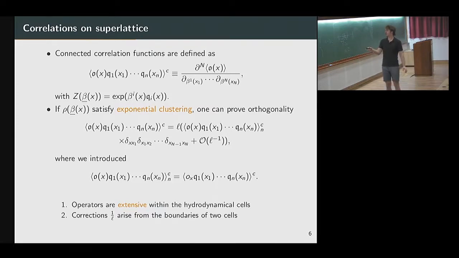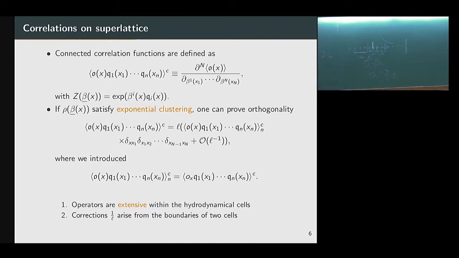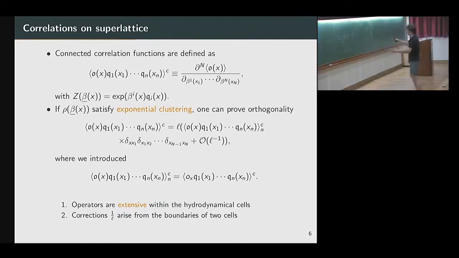And this is easy to understand. Even forgetting about correlation functions, the expectation value of some local observable will in general increase linearly with the size of the cell. Then corrections come just from the boundaries of two cells, because the operators can slightly overlap. So they are extensive within the hydrodynamical cell, and corrections arise due to the boundaries.